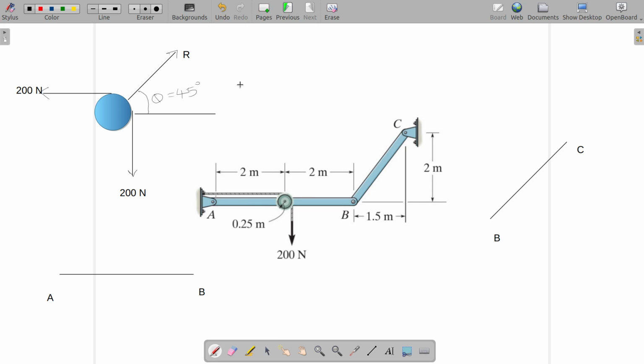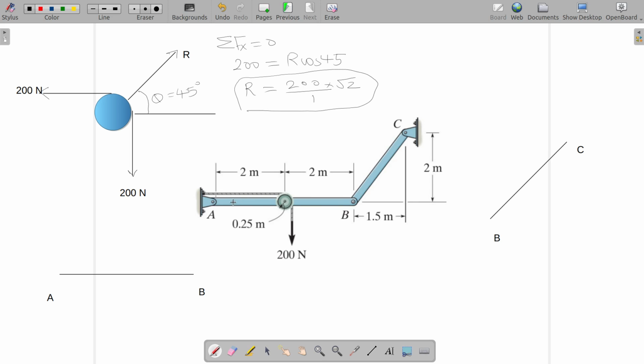So net force in x direction 0 means 200 is equal to R cos 45, and R is equal to 200 divided by cos 45, which is 1 divided by root 2. So this is the magnitude of R.